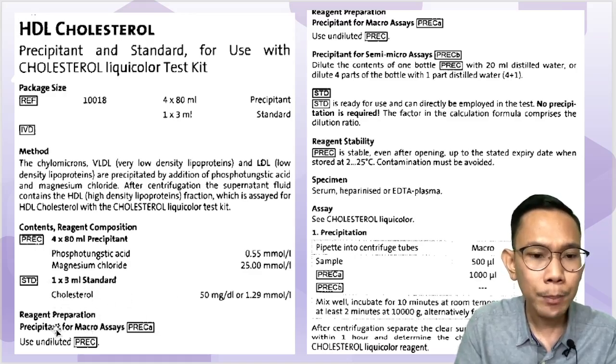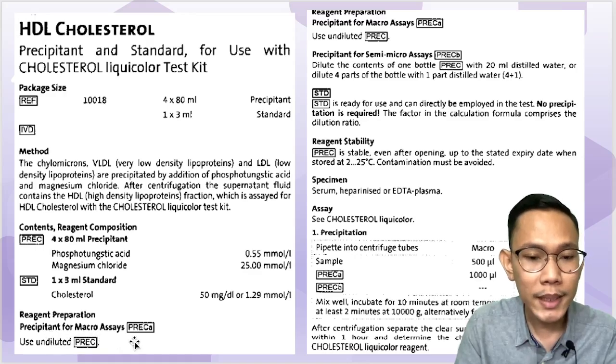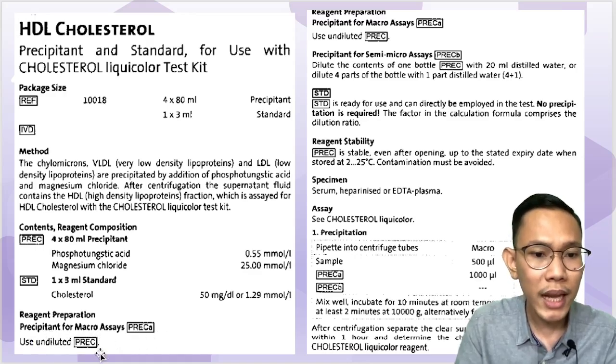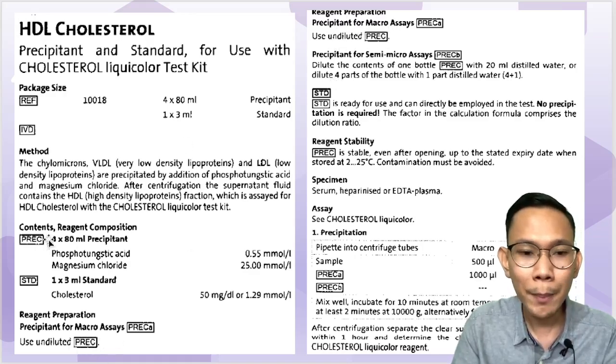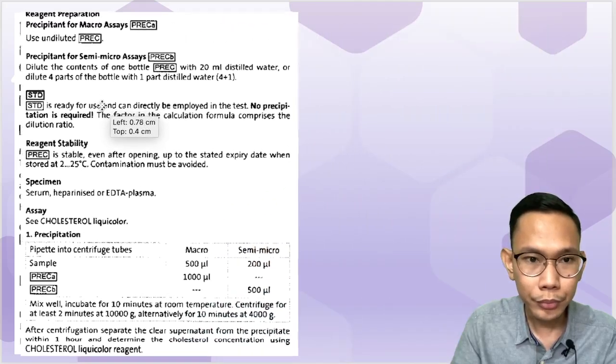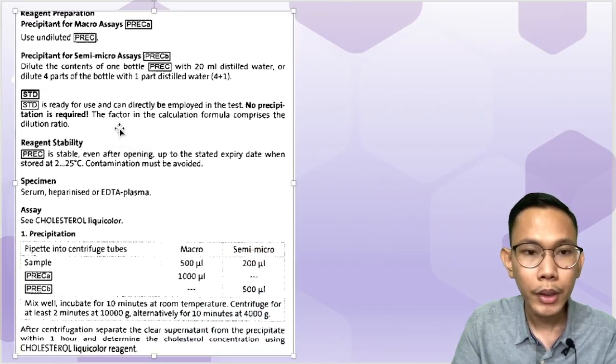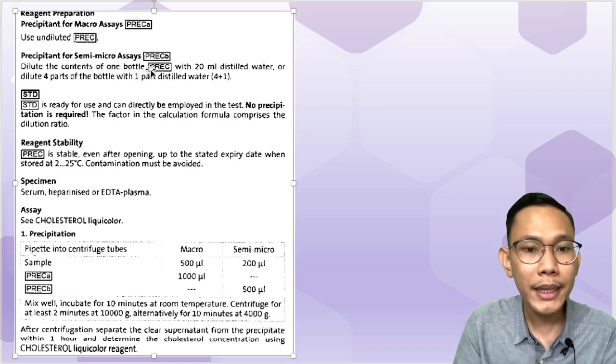Reagent preparation, precipitant for macro assay is PREC-A, used undiluted precipitant. Reagent preparation for macro assay, PREC-A. Precipitant for semi-macro assay is PREC-B.